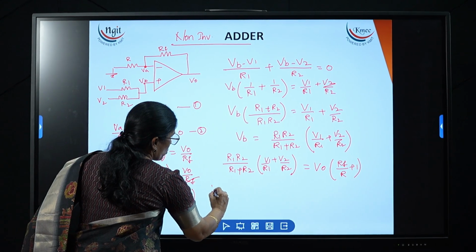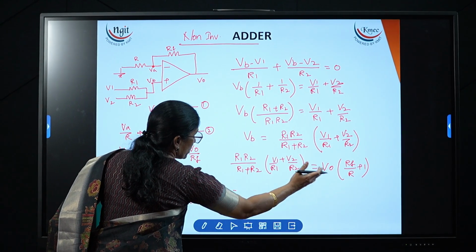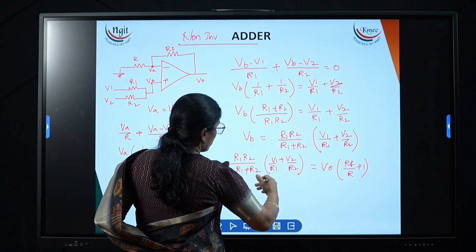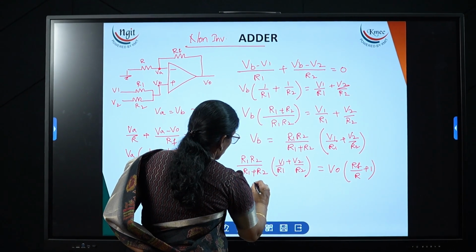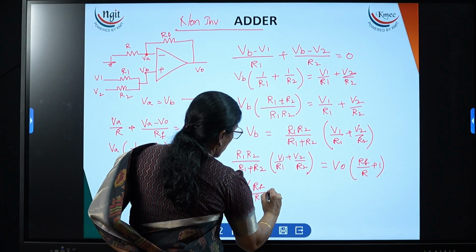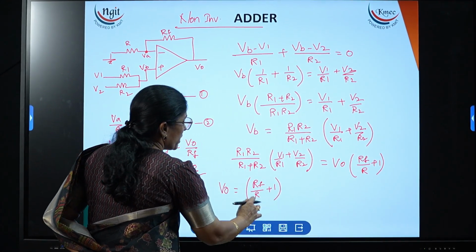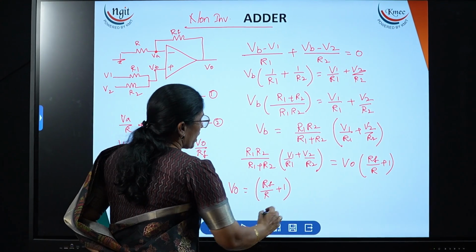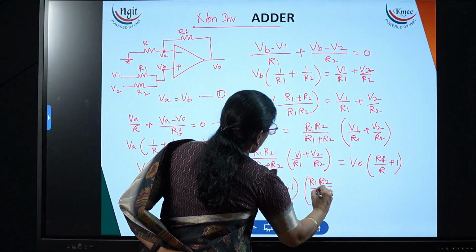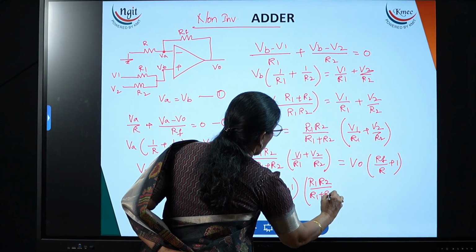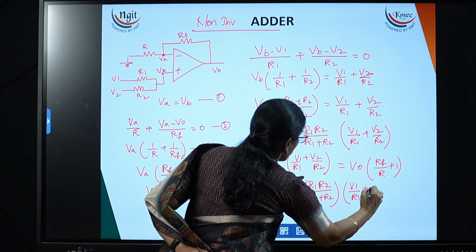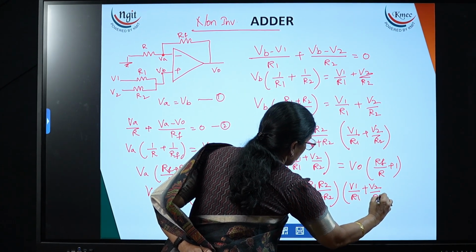So V naught is equal to, if I take the LCM and bring it to this side, then I will get R by R1, RF by R plus 1. This is nothing but the gain of the non-inverting amplifier, and R1 R2 divided by (R1 plus R2) into (V1 by R1 plus V2 by R2).